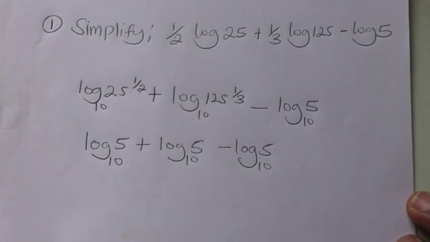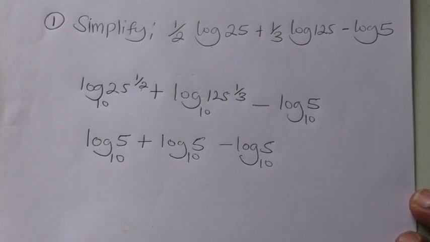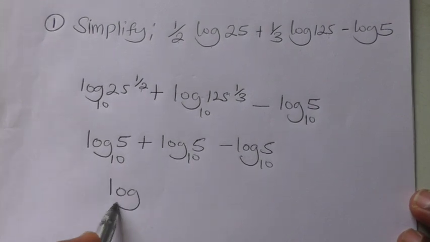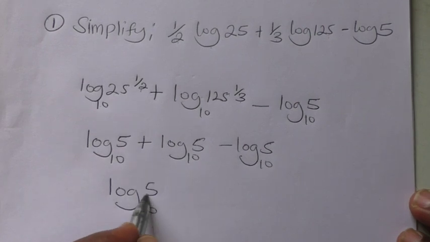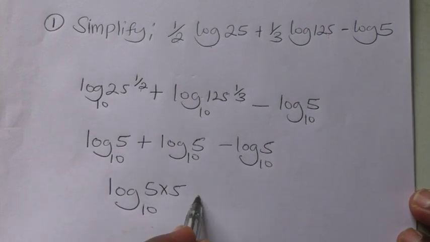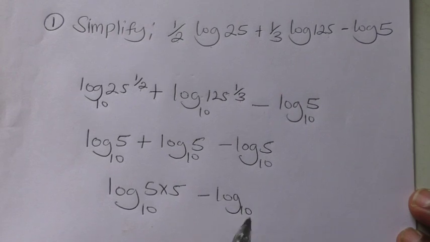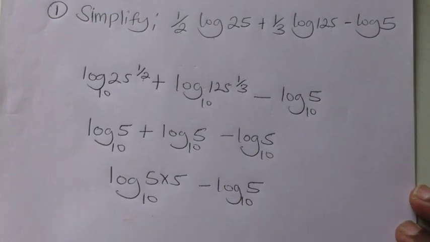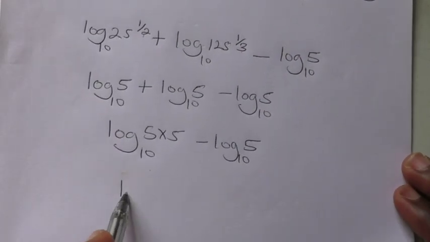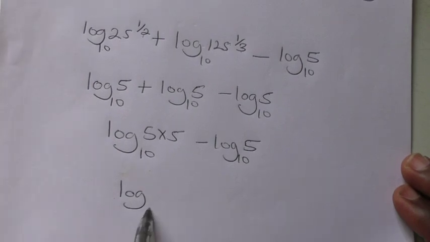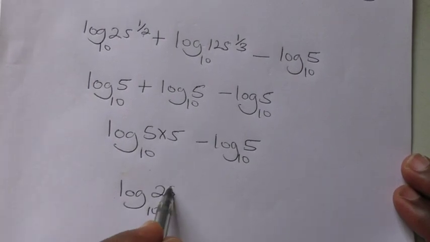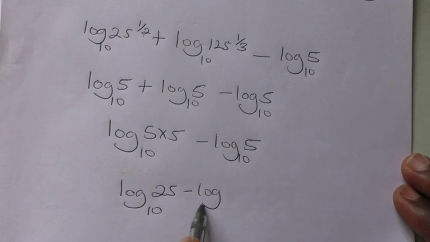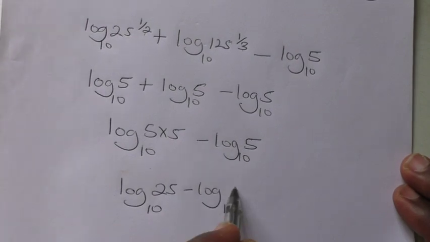We start with the addition. We saw that when adding logarithms of the same bases, we simply multiply their powers. So we shall end up with log 10 5 times 5 minus log 10 power 5, which gives us log 10 power 25 minus log 10 power 5.